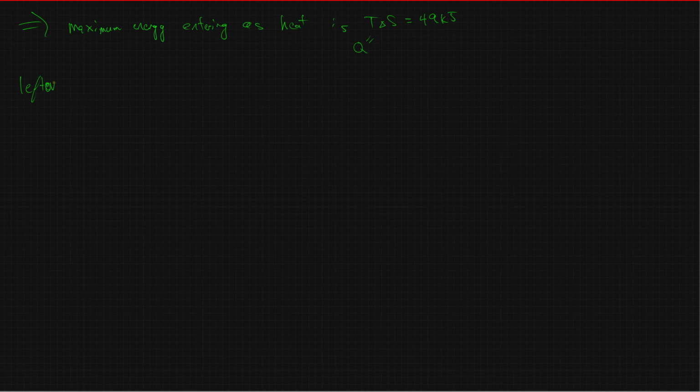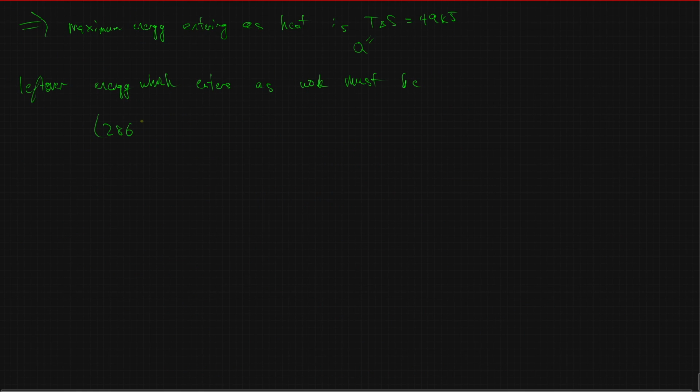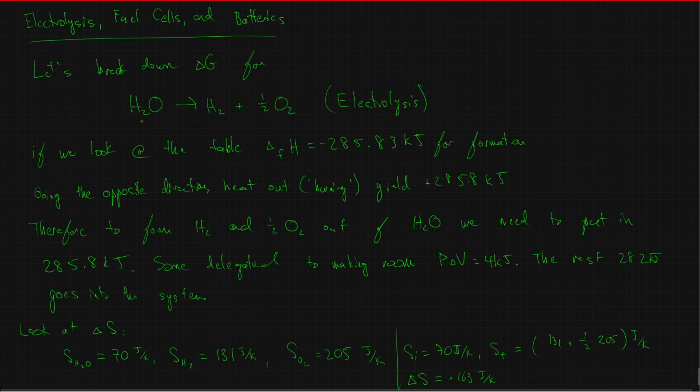So the leftover energy, which enters as work, must be what we had previously, which was 286. Let's go back. Oh God, I flipped ahead to the first slide accidentally. Yeah, so the 286 is coming from this guy right here, which we were just rounding up.